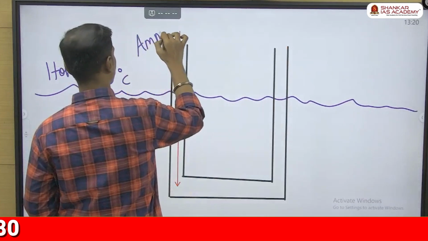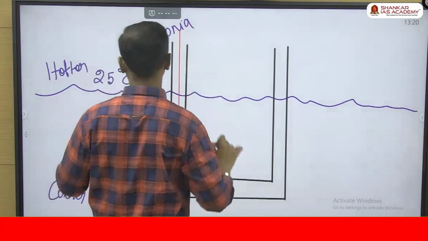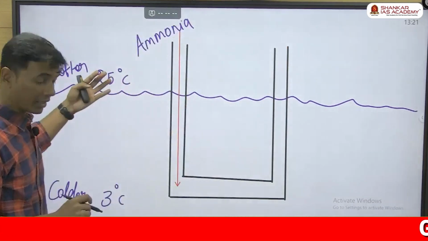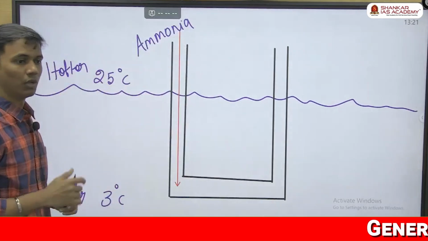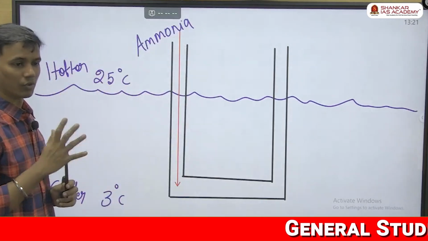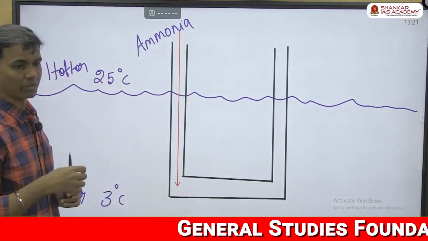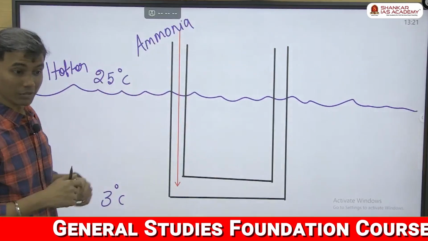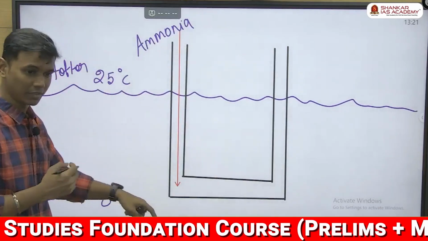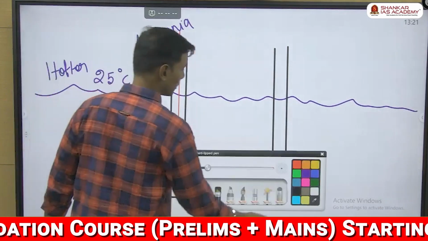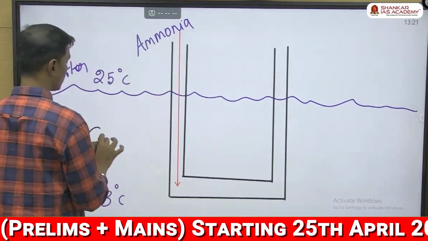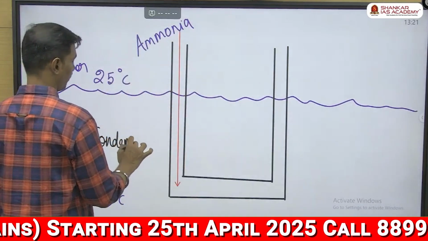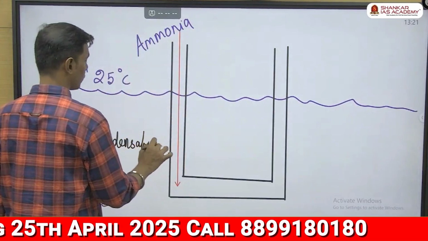In most cases, they use ammonia. Ammonia is going from hotter region to colder region. So what will happen when it moves from hotter to colder? Will it expand or compress? Compress, because it's cooling down from 25 to 3 degrees Celsius. It cools down and it will also turn into liquid, what we call condensation. The process of converting gas into liquid is called condensation.